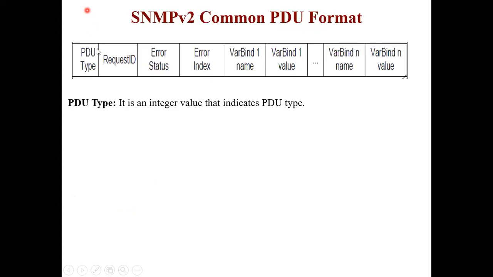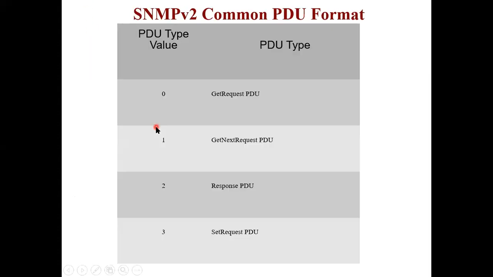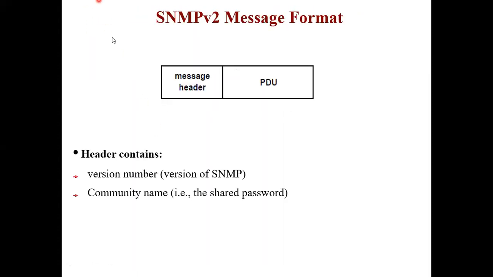Now considering the packet, the SNMP message format. Here you have the message header and the protocol data unit. The PDU structure remains the same. In the header, there will be the version number and the community name.